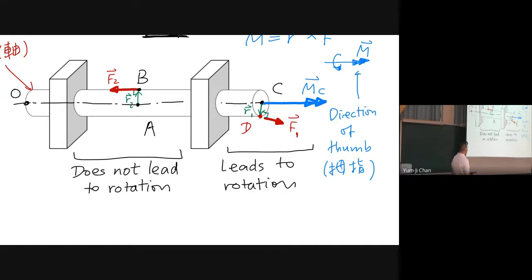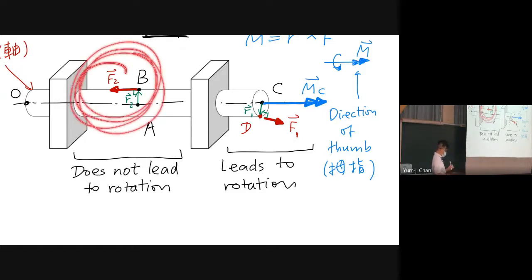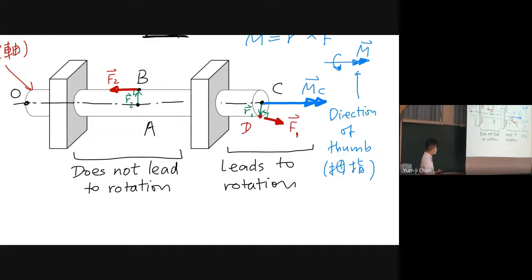If you are okay with MC, we can think about how we should do it for F2. How should we draw the moment vector for this one? Because R2 is pointed upwards and F2 pointed to the left, the direction of rotation is this one.